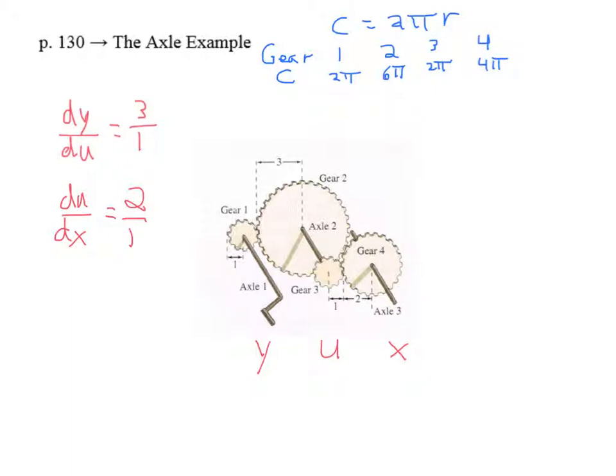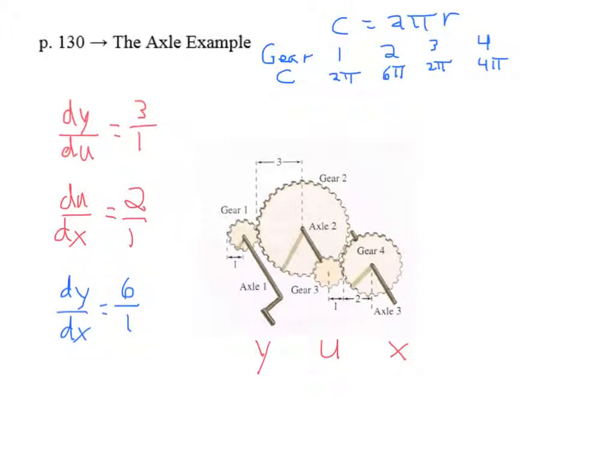So of course the question is, what is the relationship between axle 1 and axle 3? How many times would axle 1 have to spin to get axle 3 to go around once? And you're right, it's going to be 6 times. We could certainly say that dy dx is going to equal 6 to 1. And how do we get that from the other two rates? We would just multiply them.